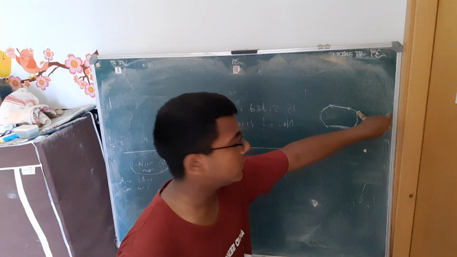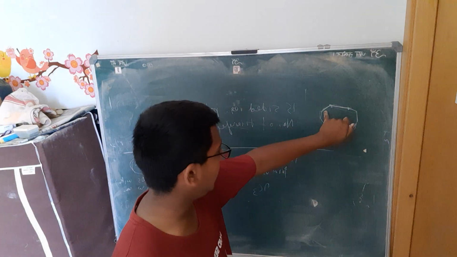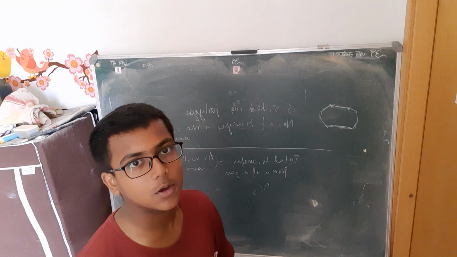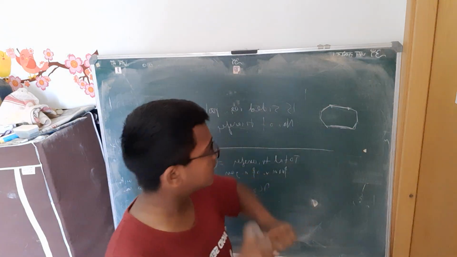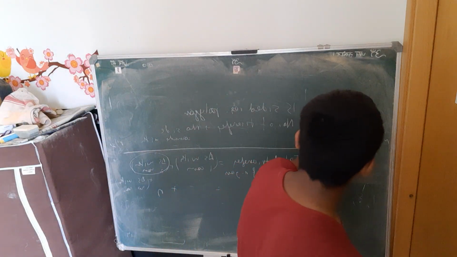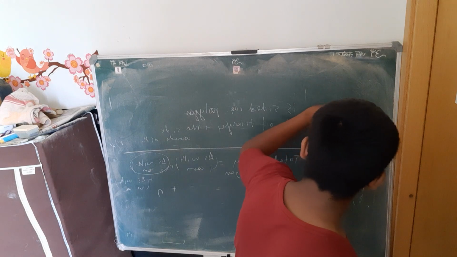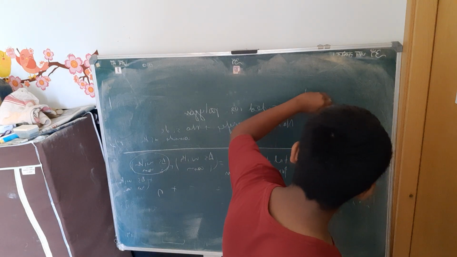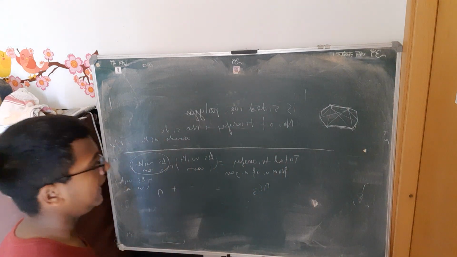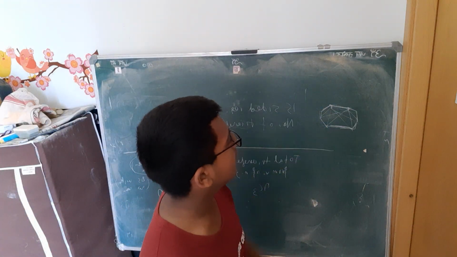I cannot take this vertex to make a triangle because this will make it two sides common. Neither can I take this vertex because this will also make it two sides common. So I am left with how many? I am left with this vertex 1, this vertex 2, this vertex 3 and this vertex 4. Right? So we made 4 triangles and this can be repeated with all the sides.